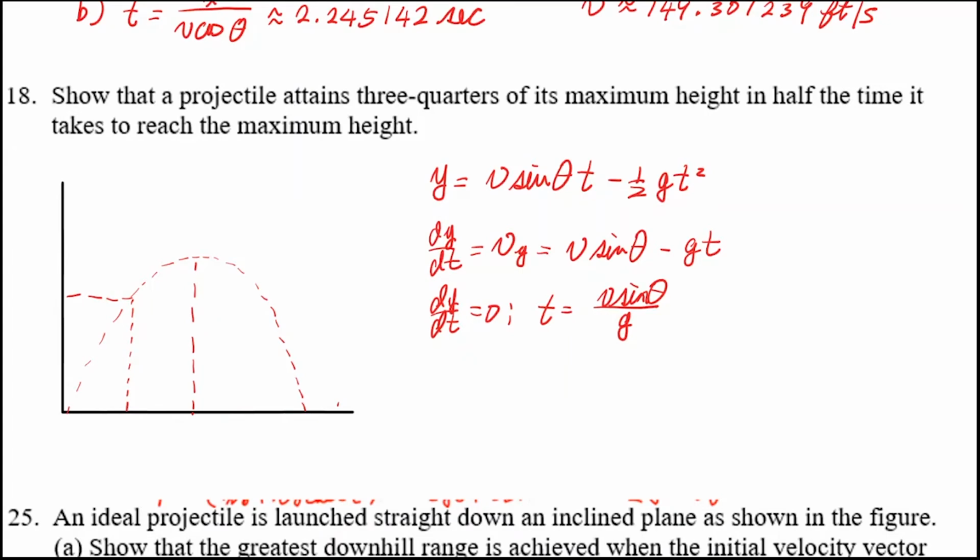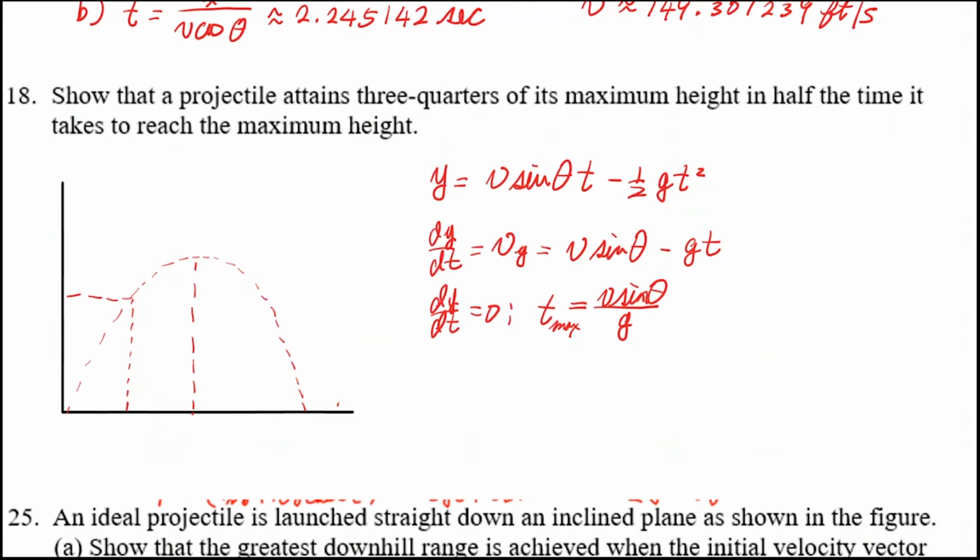So far, so good. And we don't know any of these numbers here, so we purely have to work with these symbols. Okay, so let's call this T max. Good. Now we'll take half of this and plug it into y.